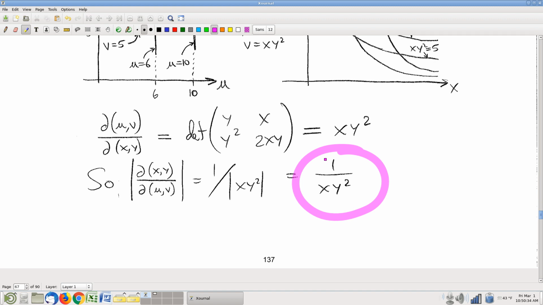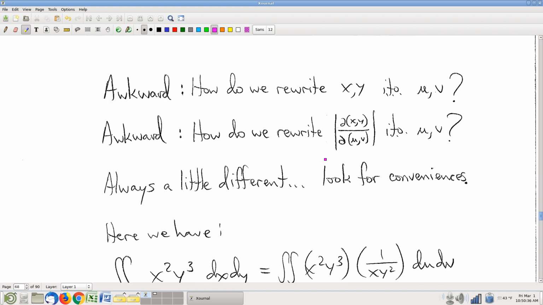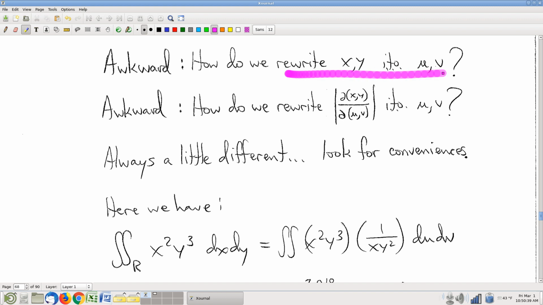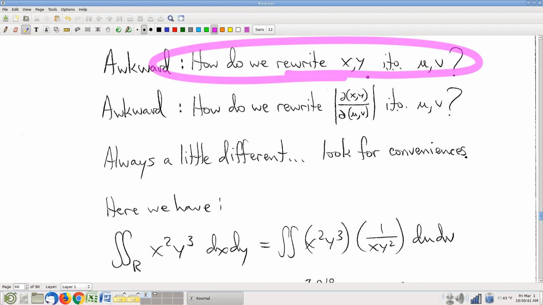So I've got to figure out how to rewrite that in terms of u and v. Also, whatever our original integrand is going to have x's and y's in it. It was an xy integral. How do I rewrite that in terms of u and v? I don't have formulas for x and y in terms of u and v. So you've got a little bit of an algebra problem after you write down the change of variables formula. And this is going to happen.